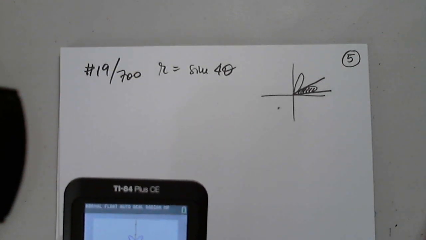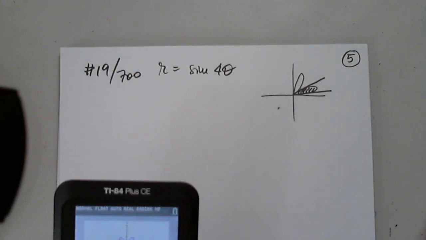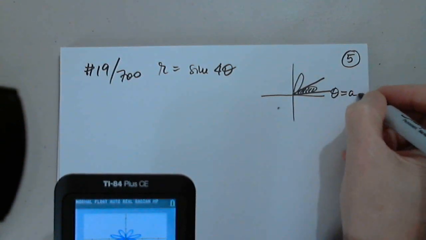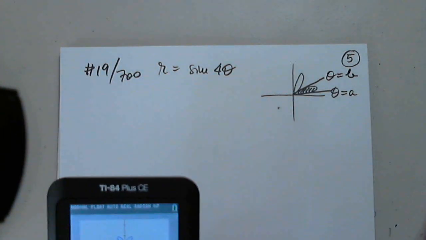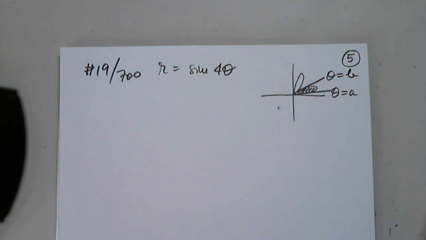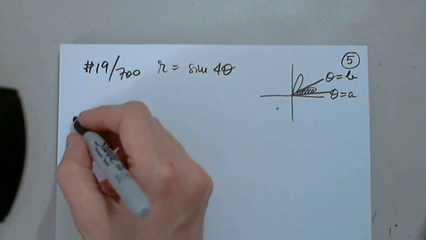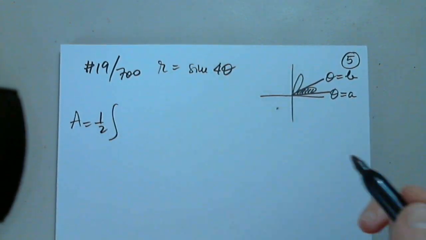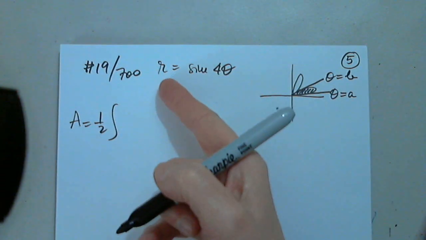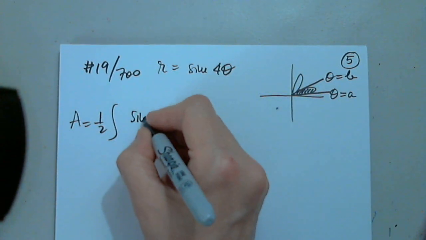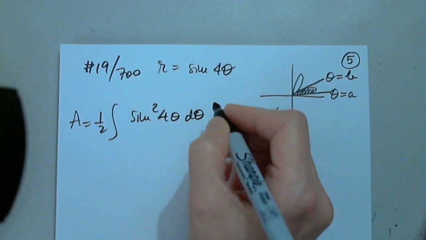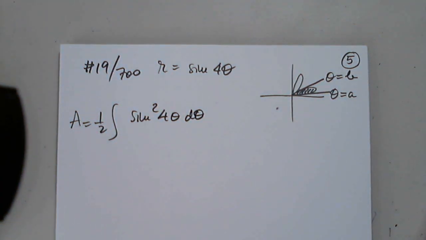Find the area of the region enclosed by one loop of the curve. Okay, so we have to determine theta, which is A, and theta, which is B. So we can determine the area of 1/2 from A to B, of course, from r squared d theta.